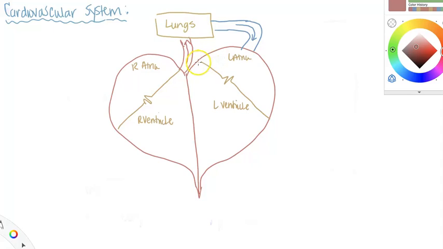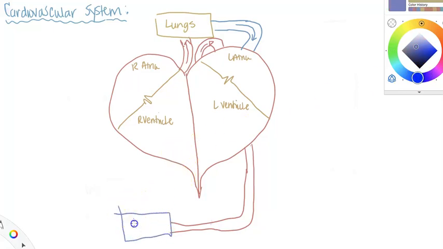And then a vessel that takes the blood out to the body. And then vessels that bring the blood from the body back to the heart.